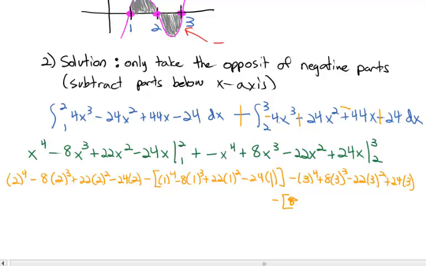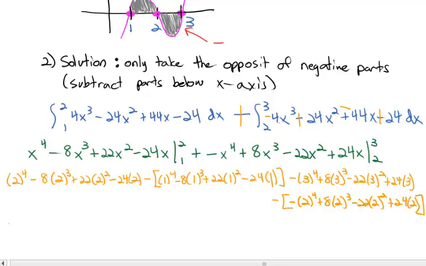Oops, sorry, it starts at the negative x to the 4th, doesn't it? So negative 2 to the 4th plus 8 times 2 to the 3rd minus 22 times 2 squared plus 24 times 2. Close the parentheses, and let's clean it up.